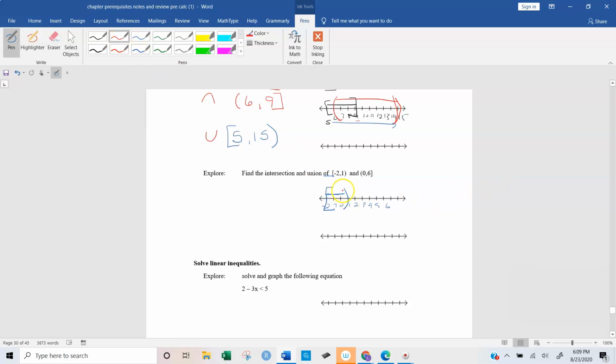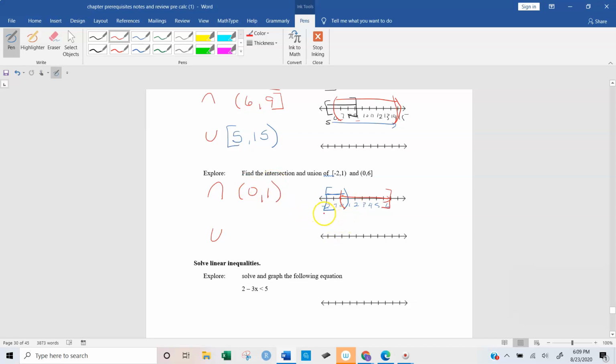My second graph starts at 0, and it goes to 6 inclusive, and that's this graph right here. You have to find intersection and union again. Intersection is where they overlap, so where do I have the blue and the red line? That's between 0 and 1, and both of them are not inclusive. So it goes 0 to 1, parentheses, so they're open.